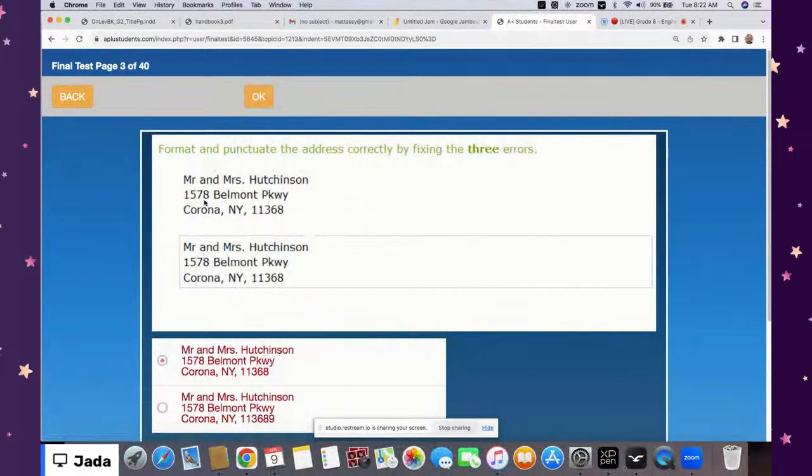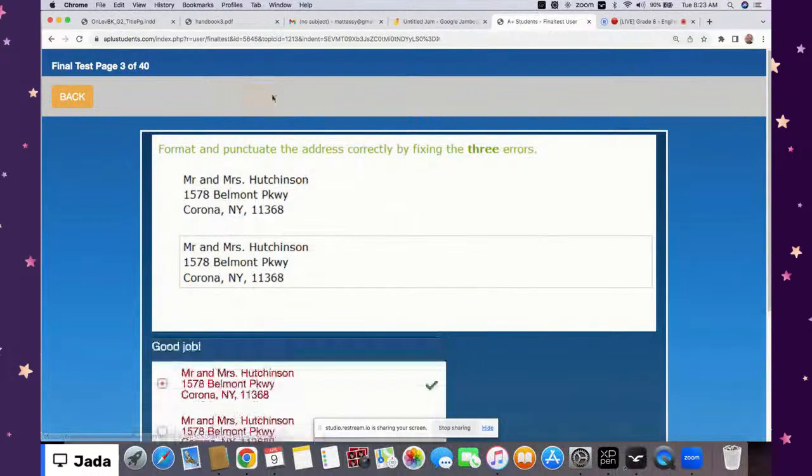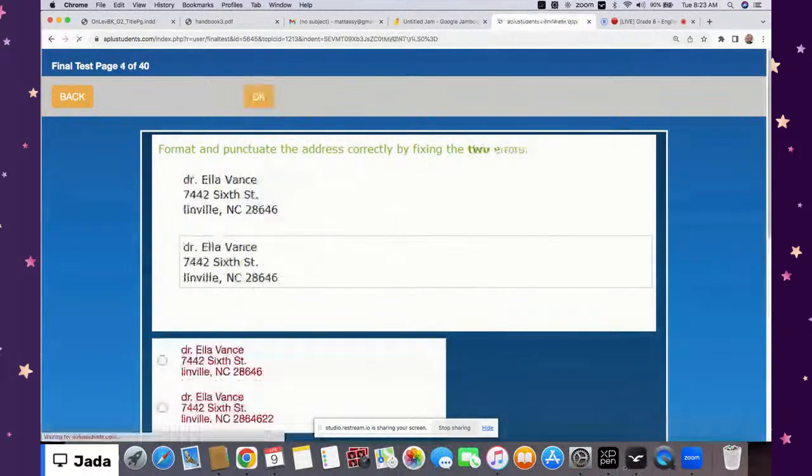So this one has a problem with the Mr. There's no period after Mr. There's also no period after the streets, and you need to take out the comma after the NY. So that's it. And we've done this before.